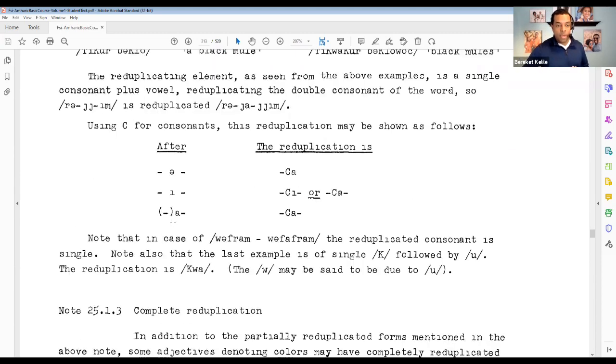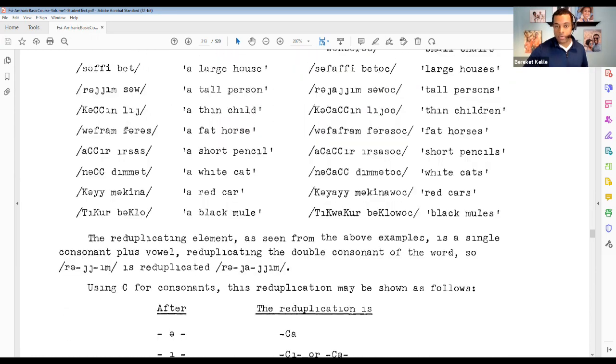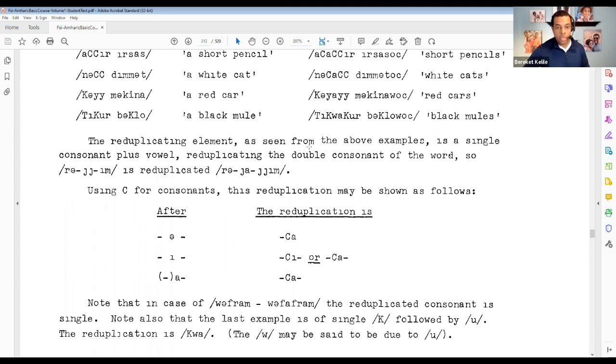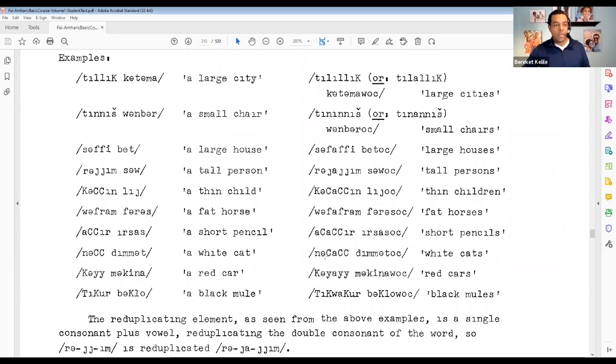Then you have the vowel, pretty much stays the same. So Acher Ersas becomes Achacher. And I think that's the only one in the list there. And for that second vowel, where we see these two, it may seem like it's kind of random, but from what I noticed in the list, it looks like it depends on whether it is a glottalized consonant or not.